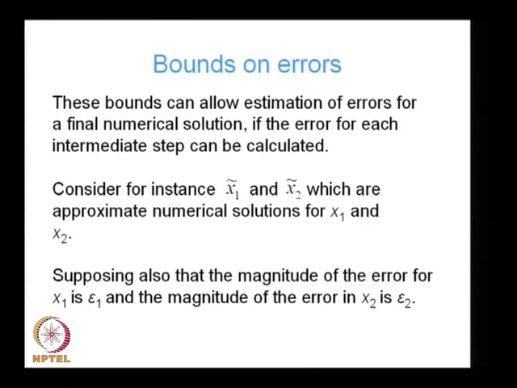Suppose also that the magnitude of the error for x1 is epsilon 1 and the magnitude of the error in x2 is epsilon 2. This we know. We know that the magnitude of the error in x1 is epsilon 1 and the magnitude of the error in x2 is epsilon 2.